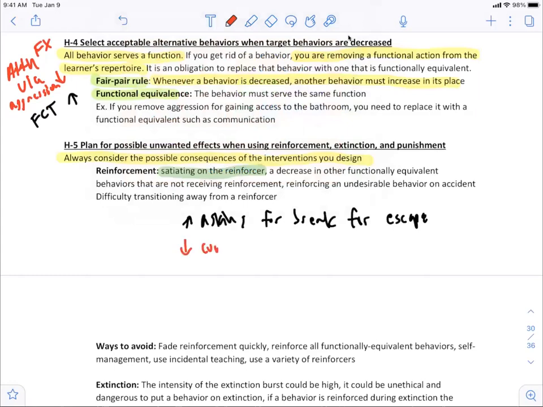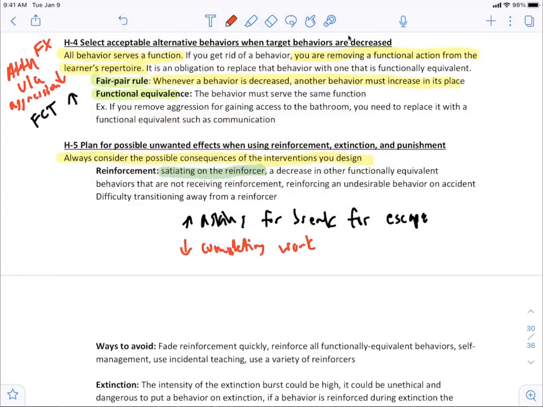Actually completing work. This happens all the time. We teach a client to ask for a break, that behavior skyrockets because now they escape. What do they stop doing? They stop completing their work. So you have to be careful what you reinforce. And if you're going to reinforce, make sure we're reinforcing multiple types of behavior. Now, not always, but especially in this instance.